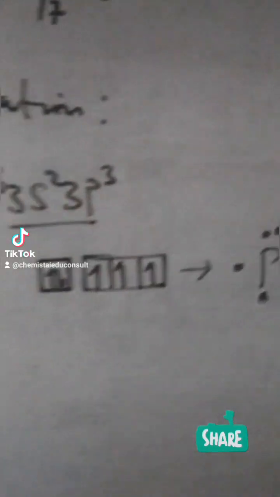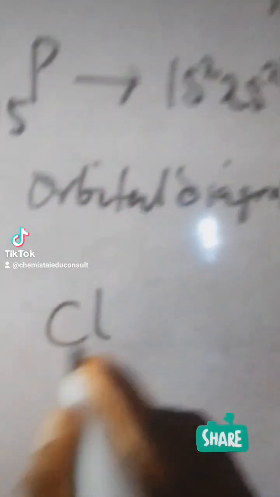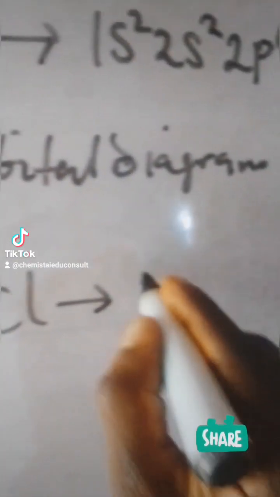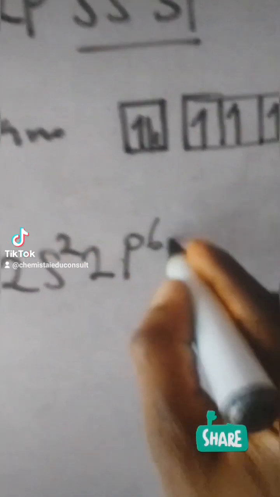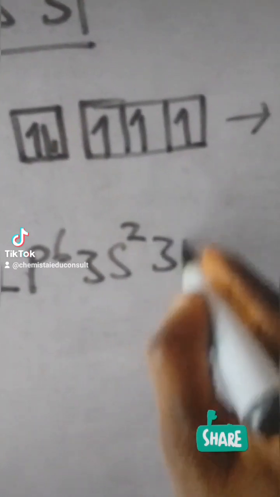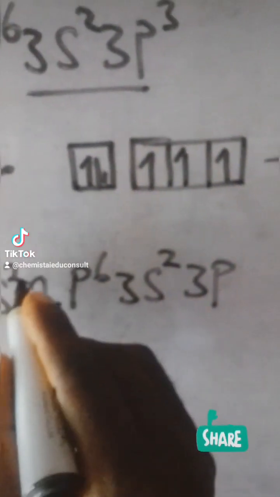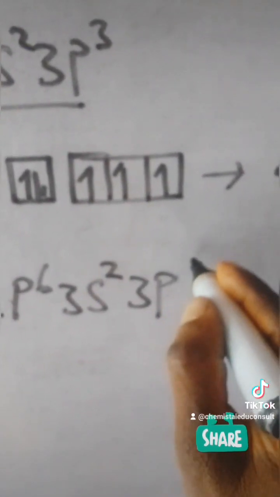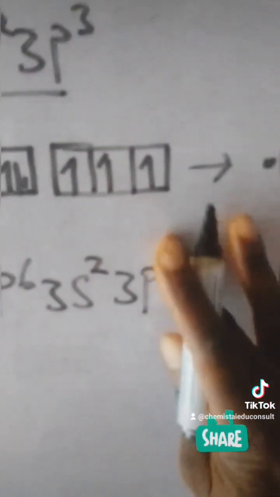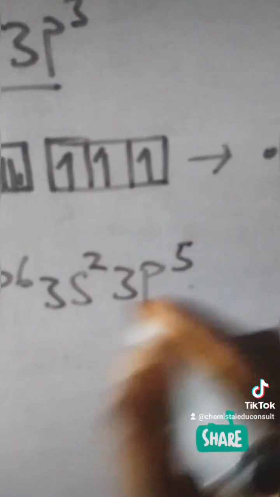That is for phosphorus. Now, the electronic configuration for chlorine, number 17, is 1s2, 2s2, 2p6, 3s2, 3p5.